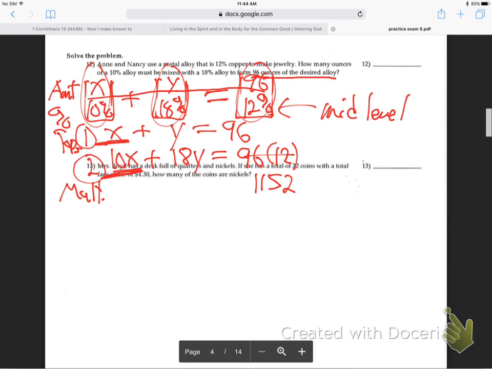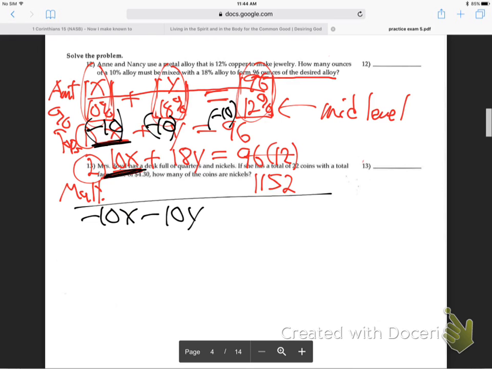So I'm going to multiply the top equation by negative 10 across the whole equation. Why? Because I want to make these fronts become opposites. So that becomes negative 10x minus 10y, and that will be minus 960.